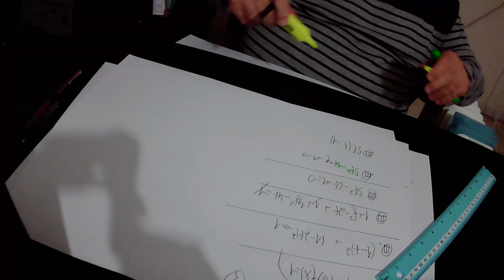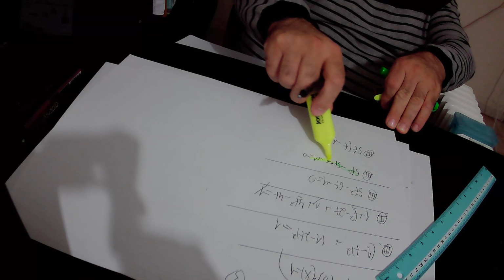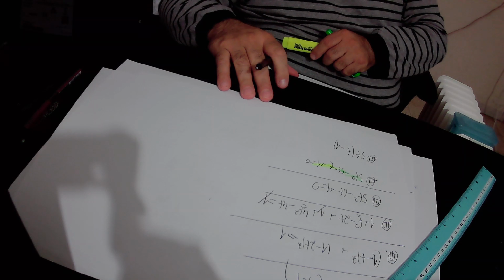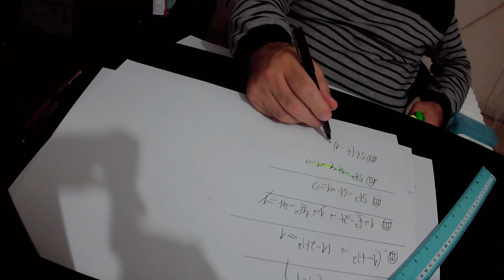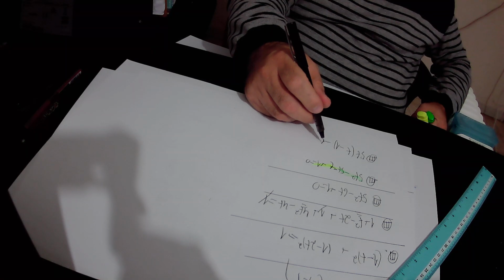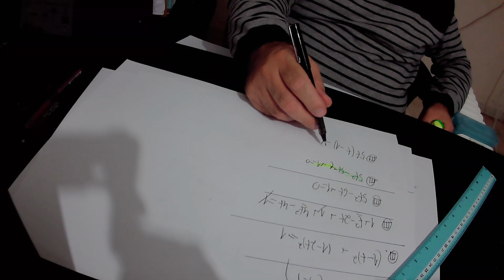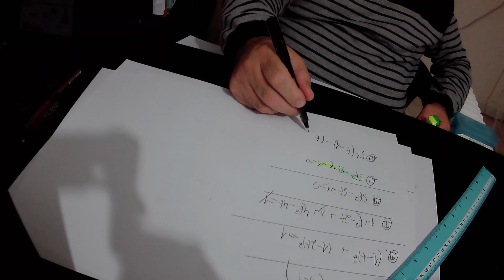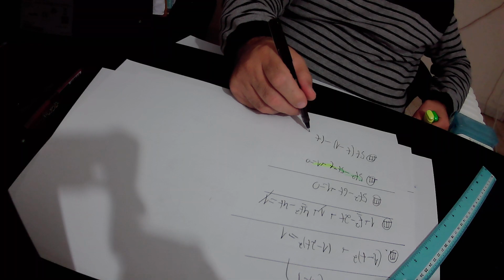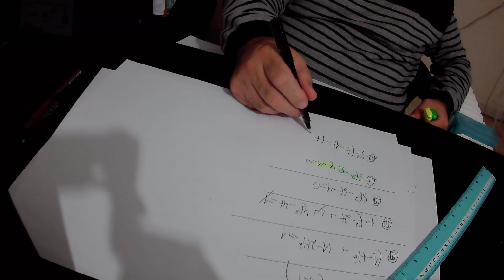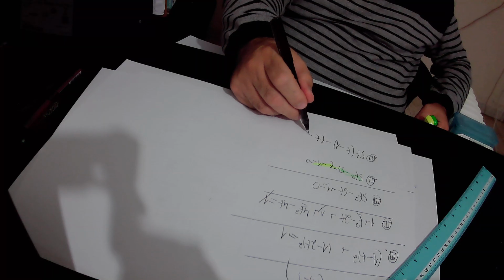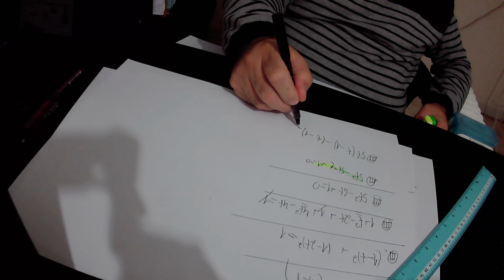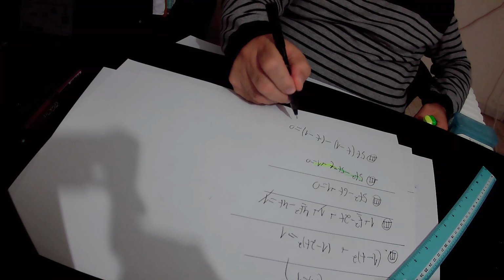In the next step, we take a common factor of minus 1 from those two expressions. Minus 1 is a common factor. So what is left from minus t after we took from it minus 1 as a common factor? What is left is actually t. And what is left from 1 after we took from it minus 1 as a common factor? What is left is actually minus 1, because minus times minus is plus. And it is equal to 0.